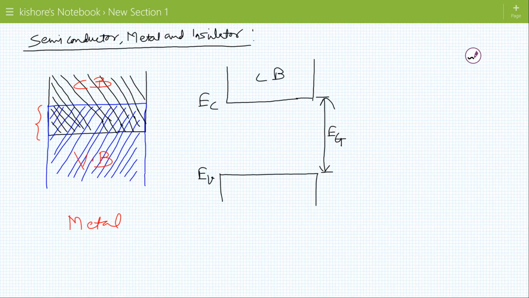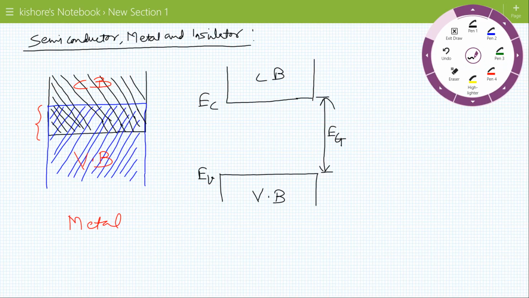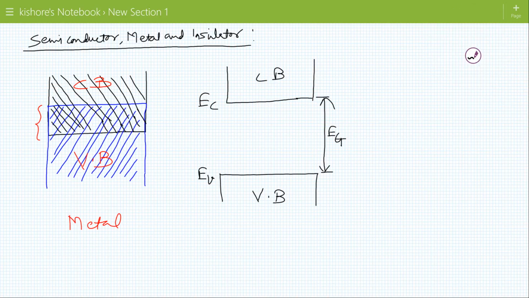This is conduction band, this one is the valence band. This is the case for semiconductor.